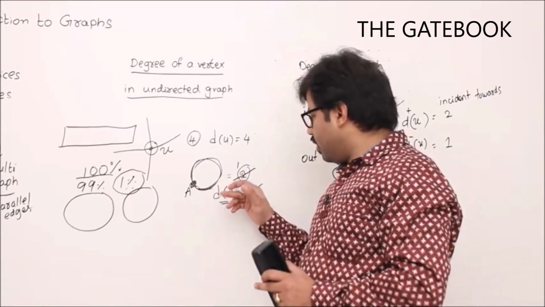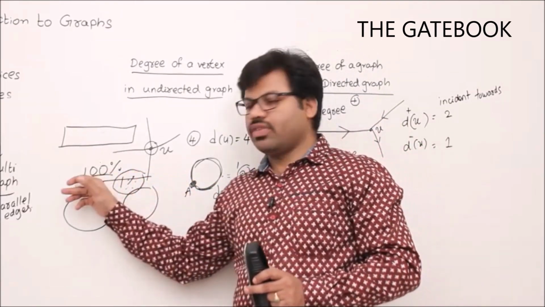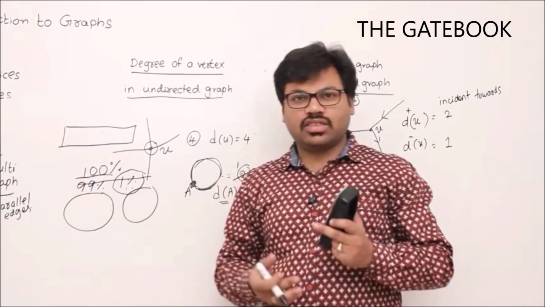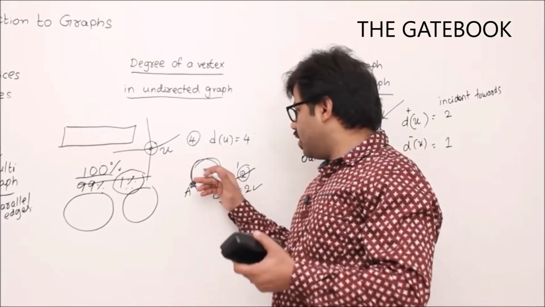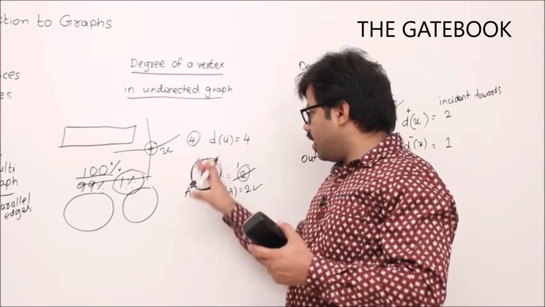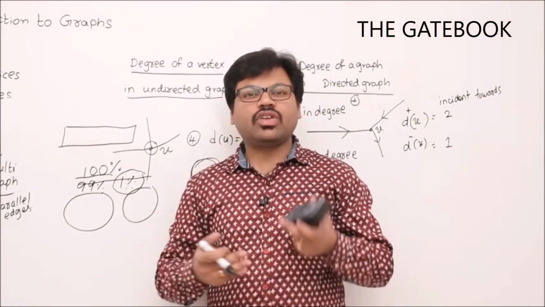Now you decide. If I take this degree as 2, then the sum of the degrees theorem works for every graph. That's why the authors who first studied graphs realized this and thought, let's make the degree of A 2, so that the sum of the degrees theorem can be studied without any exceptions.